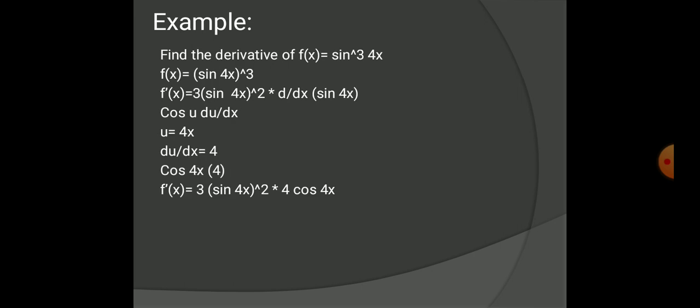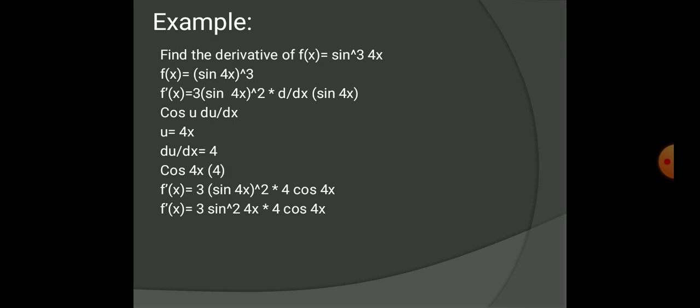And from our chain rule, our f prime of x is going to be 3 quantity of sine 4x squared times 4 cos 4x. So if we were going to modify this, we rewrite this as f prime of x is equal to 3 sine squared 4x times 4 cos 4x.